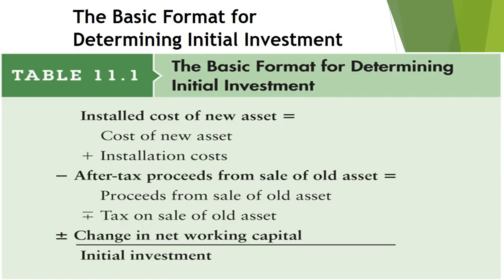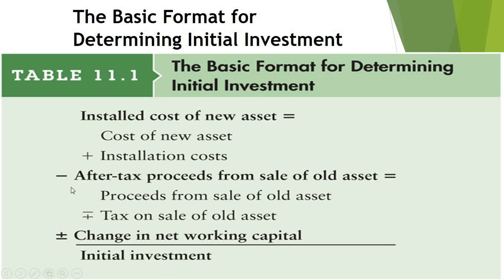Now, let's look at the basic format for determining initial investment. To find out initial investment, first of all, you need to know the installed cost of new asset, which is equal to cost of new asset plus any installation cost related to the new asset.